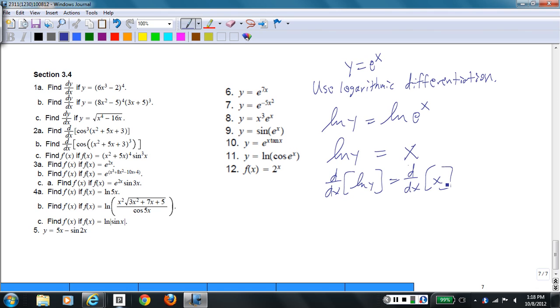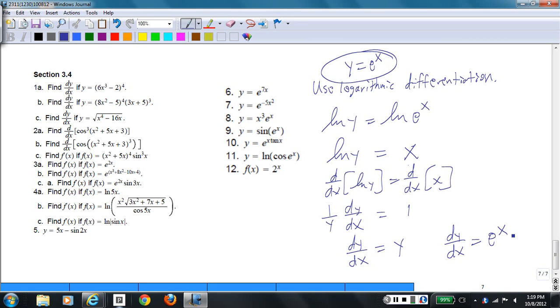On the left, as we usually do with logarithmic differentiation, we get 1 over y dy dx. On the right, d dx of x is 1. So we multiply both sides by y, and dy dx equals y, but what's y? So dy dx equals e to the x.